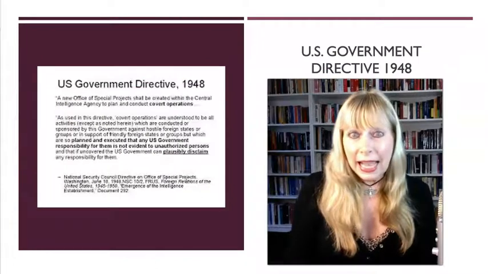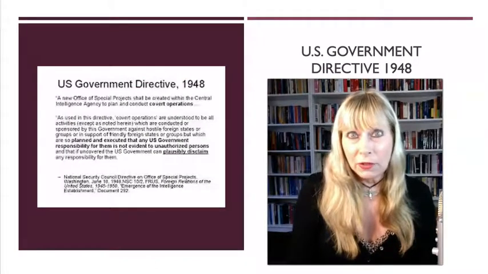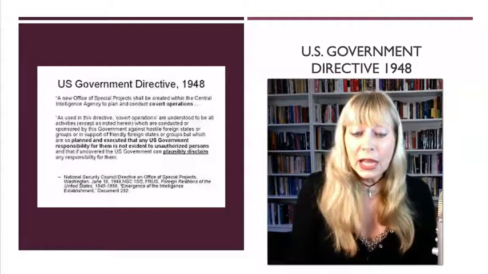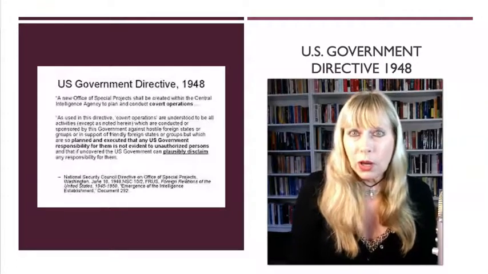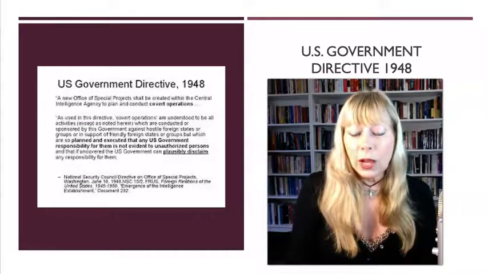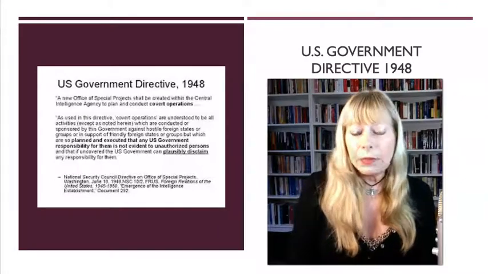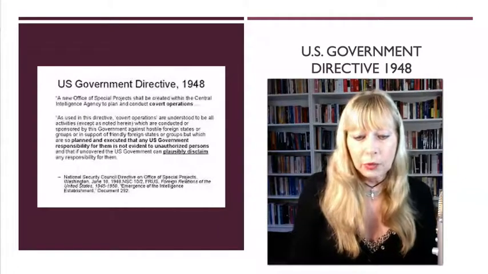And this is a copy, the only one I could find, of the U.S. government directive. It's rather difficult to read. It's kind of blurry, but I'm going to read for you what it says. It says, a new Office of Special Projects shall be created within the Central Intelligence Agency to plan and conduct covert operations.